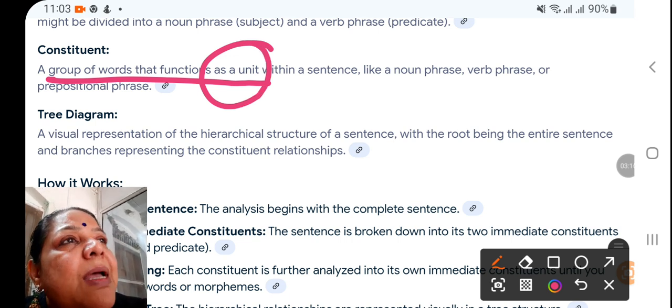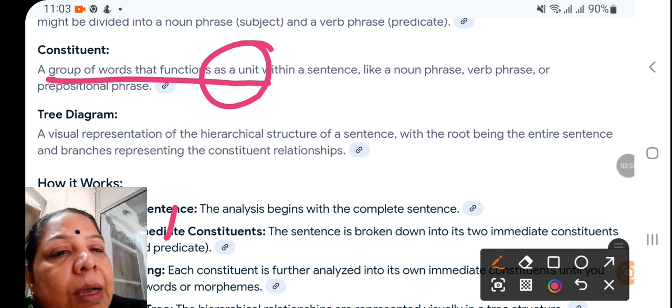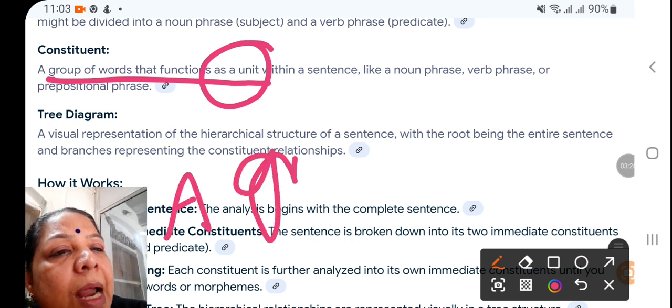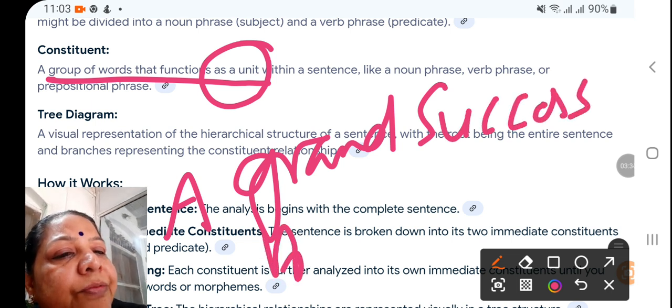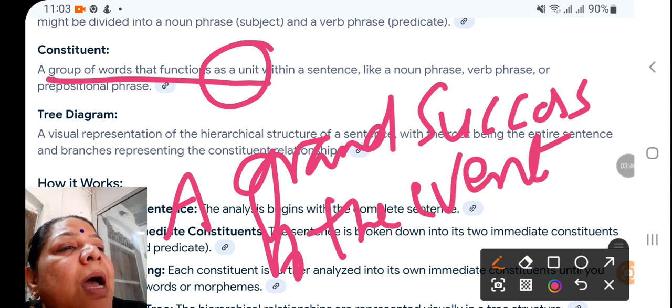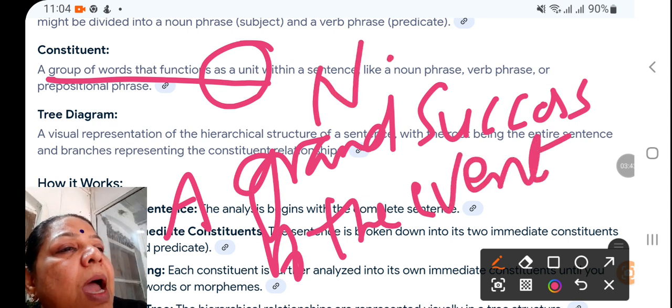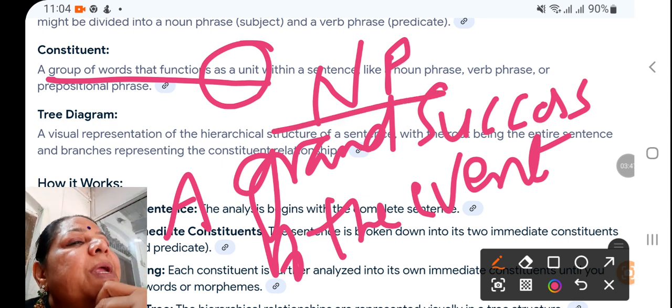Suppose, for example, I tell you: a grand success of the event, of the event, right? So this is the noun phrase, just a phrase; the sentence is not completed yet.